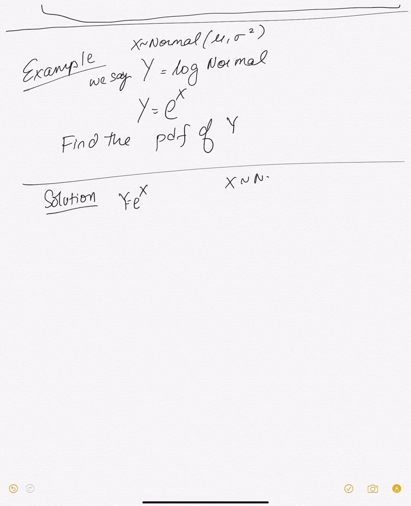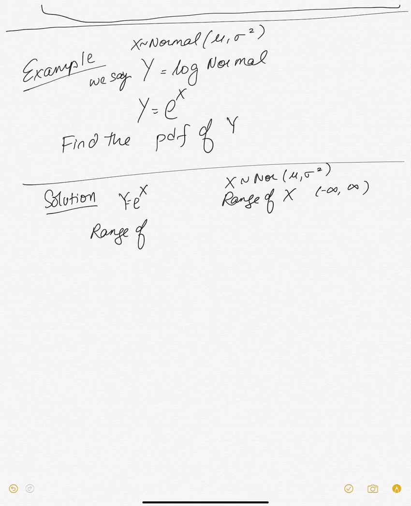X is a normal random variable with parameters mu and sigma squared. So what's the range of x? That is from negative infinity to infinity, okay? And so if you have e to the x, what's the range of y? That will be just from 0 to infinity, correct?